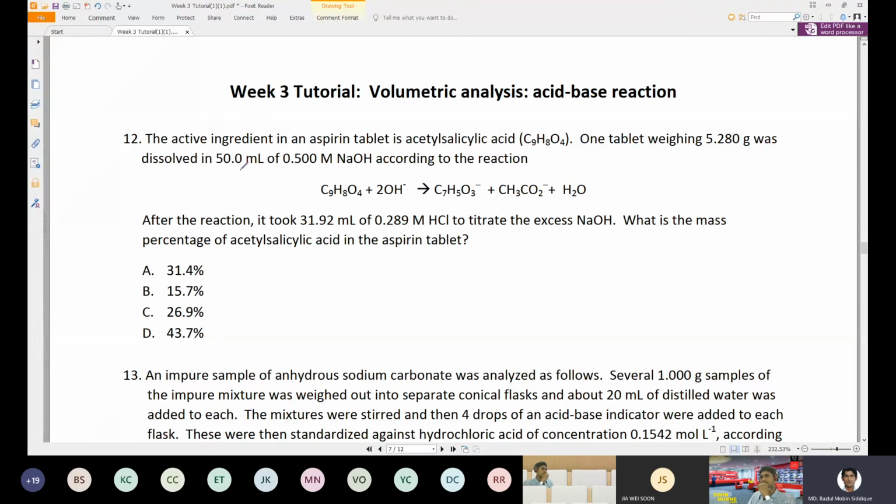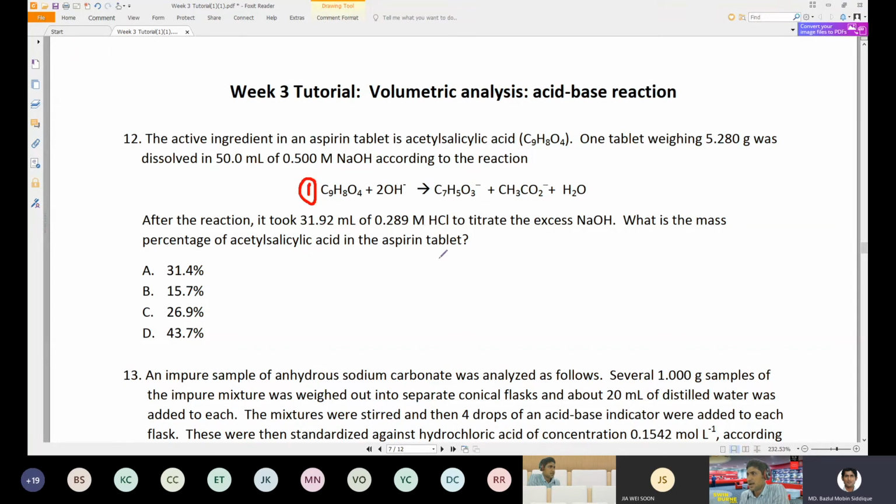Question number 12. The active ingredient in an aspirin tablet is acetyl salicylic acid. In fact, one tablet weighing 5.28 gram was dissolved in 50 milliliter of 0.5 molar sodium hydroxide according to the reaction, right? This is reaction 1.